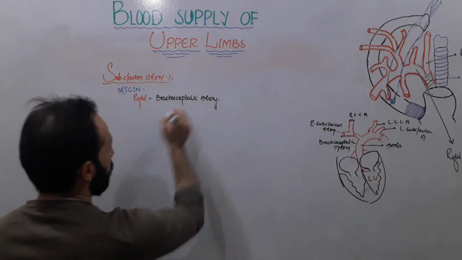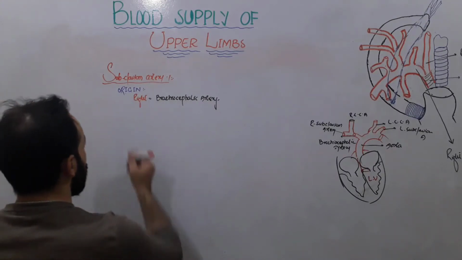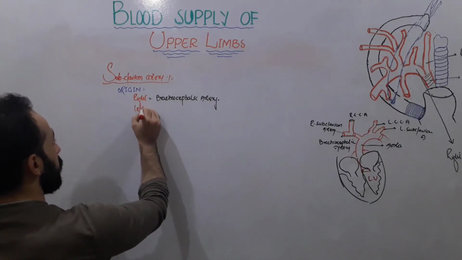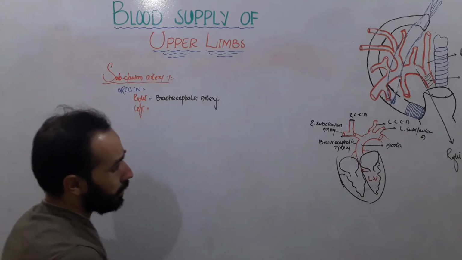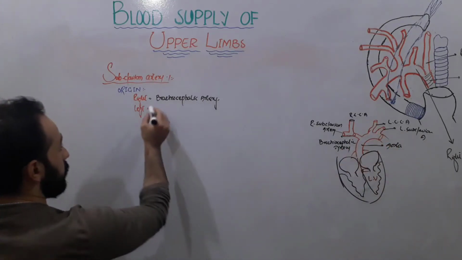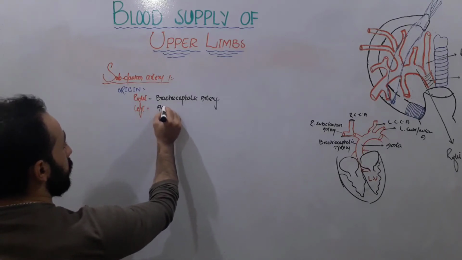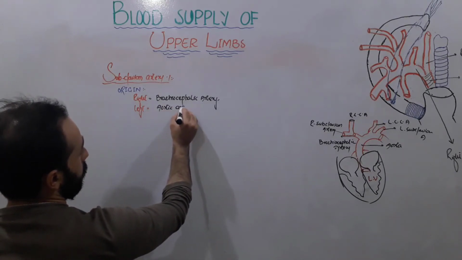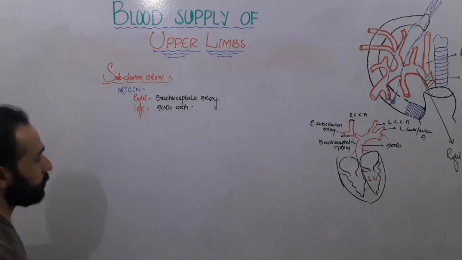I hope it's clear to all of you. Right, and the left subclavian artery is the branch of aortic arch. As you can see here, it arises from the aortic arch. That's done with it. This was the origin.